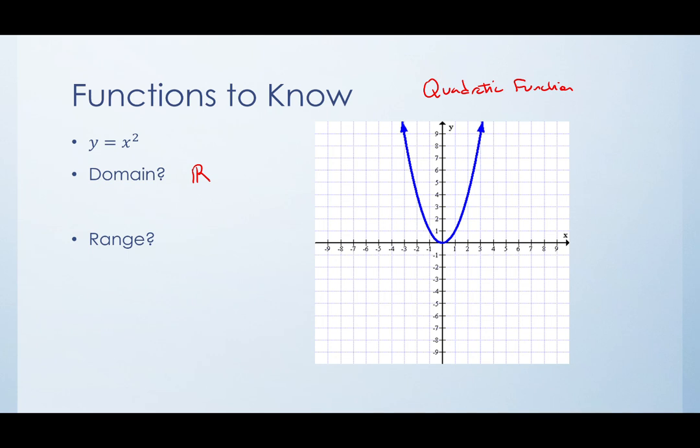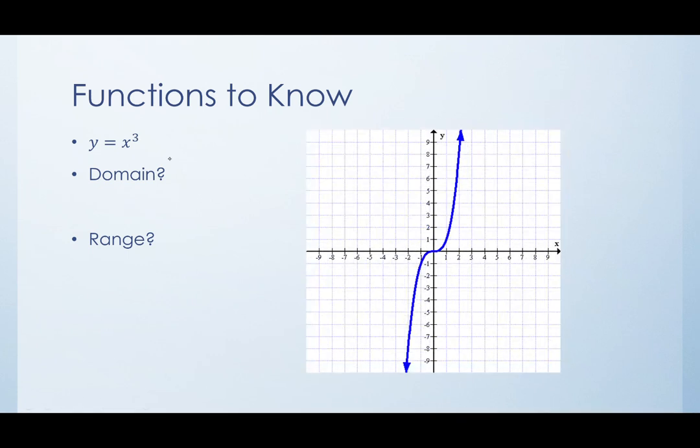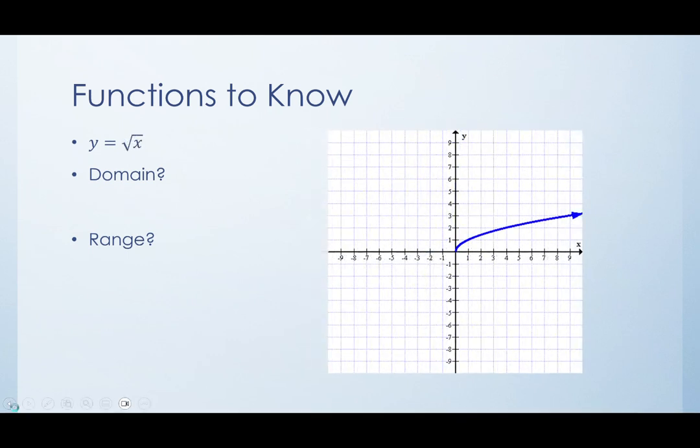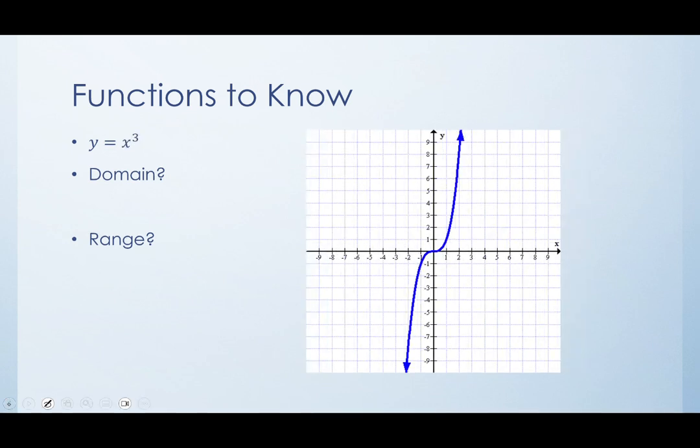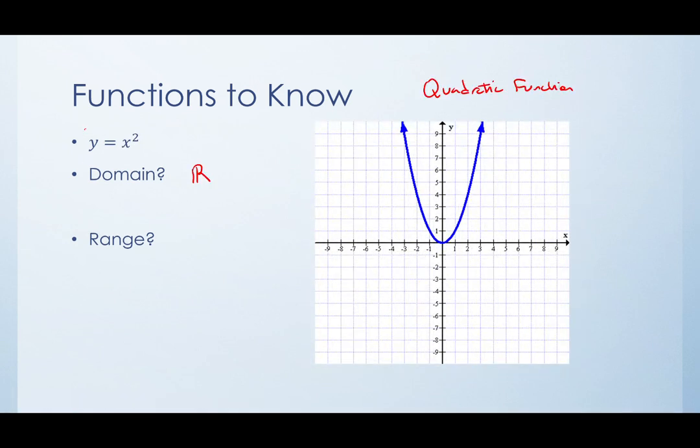Now, the range for our baseline function, of course, we're doing y equals x squared, so our lowest output value is 0, and it's going up from there, so 0 to infinity.